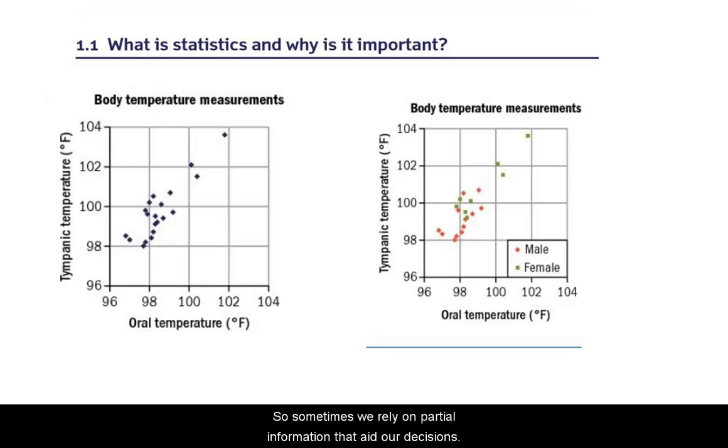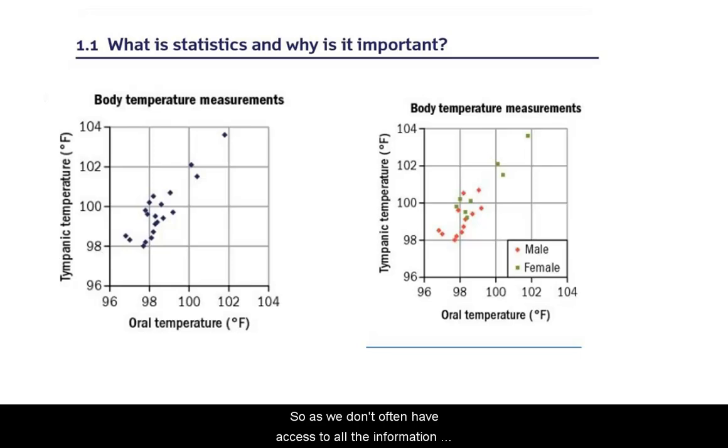So sometimes we rely on partial information that aids our decisions, isn't it true? Some of the information we use can be numerical, meaning it can be assigned numbers. Other information can be summarized numerically. We can use numbers to summarize whatever information we have.